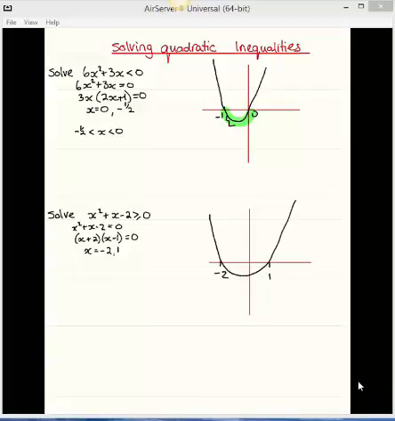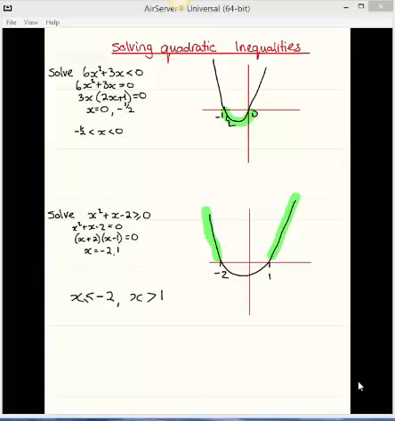Now we want to know when is this quadratic greater than 0. So it means it's positive. It's positive in those two parts. So our solution has two parts. x squared plus x minus 2 is greater than or equal to 0 when x is less than or equal to negative 2 or x is greater than or equal to 1.